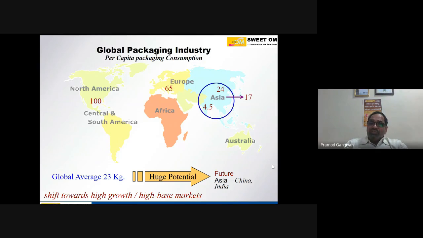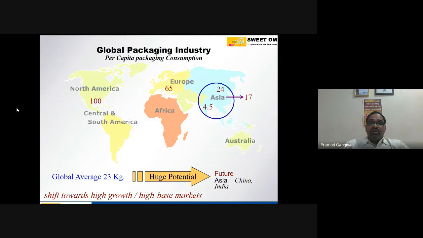If you talk about the same thing in India, it is hardly 4.5 kgs. The global average is 23 kgs. So we are much behind the global average. Forget the global average, we are much behind the Asian average.